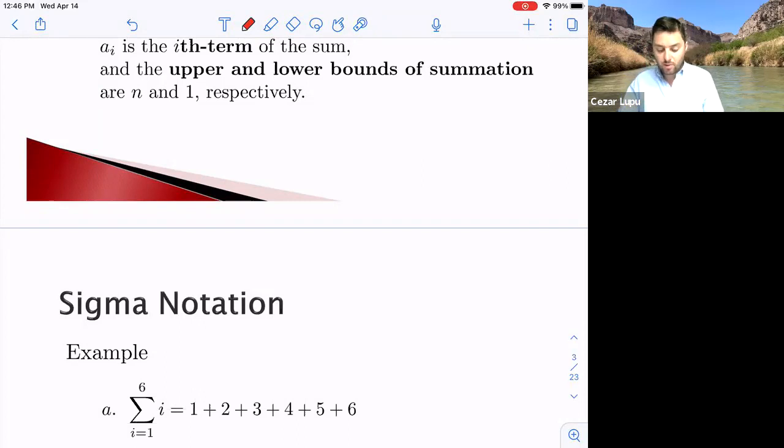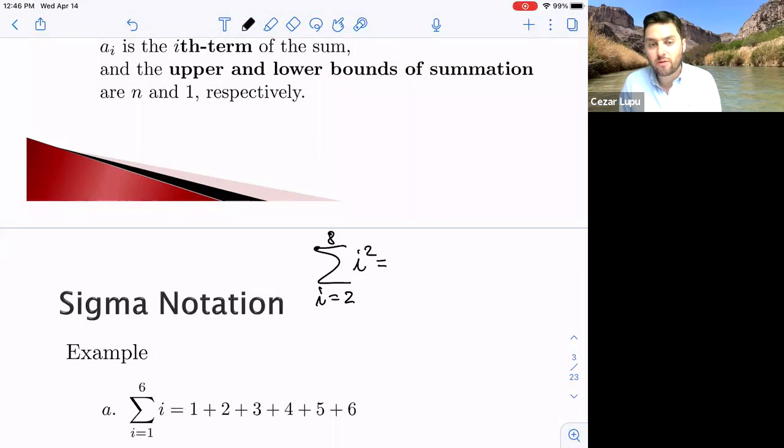Let me ask you a similar question. For example, this one. What if I'm asking you this? What are you going to tell me here? Can you tell me? What does this represent, for example? The sum of all i squared, right?